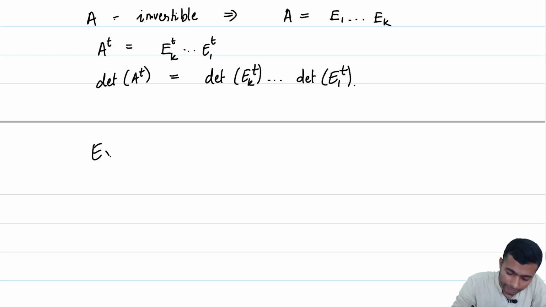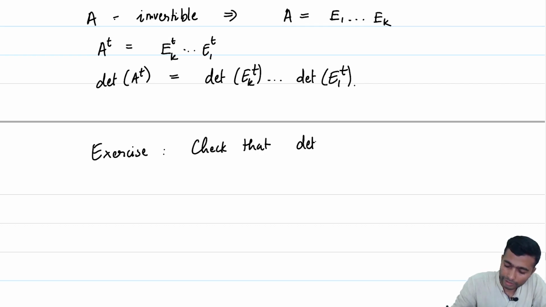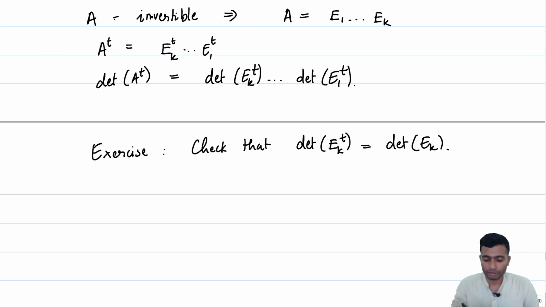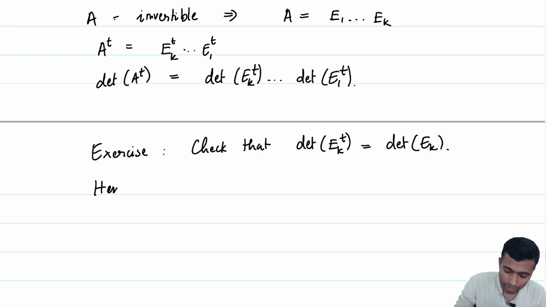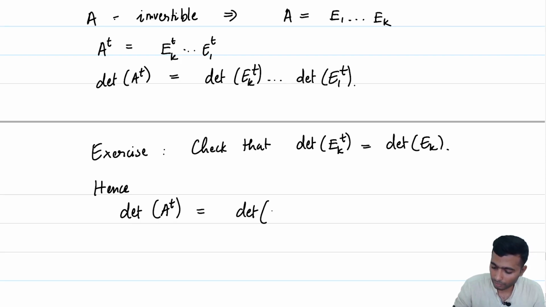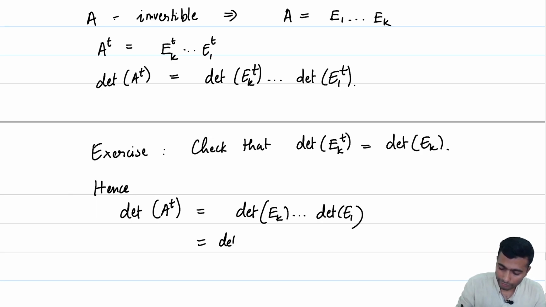Check that exercise. These are fairly simple matrices, right? This is equal to the determinant of Ek, and with this we get hence determinant of A transpose is equal to the determinant of Ek times up to determinant of E1, which is nothing but the determinant of A, and we are done.